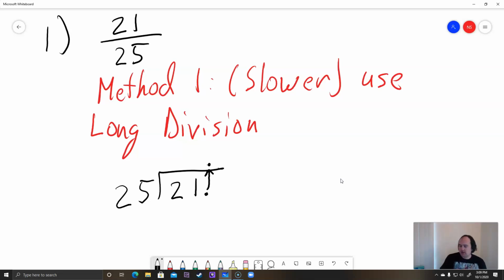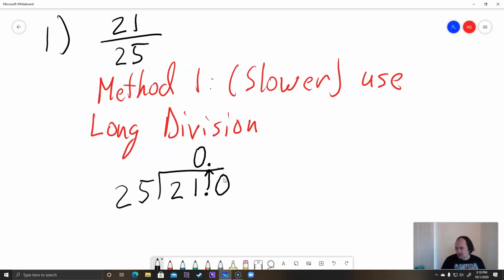Then we ask ourselves, how many times does 25 go into 21? Well, 25 does not go into 21, so we put a 0 to the left of the decimal point. And since 25 does not go into 21, we add on another 0 over here.